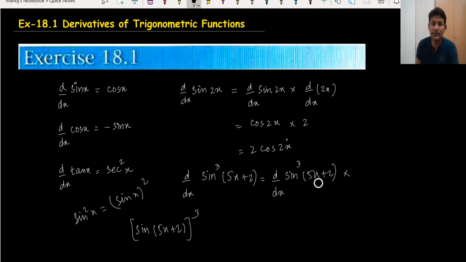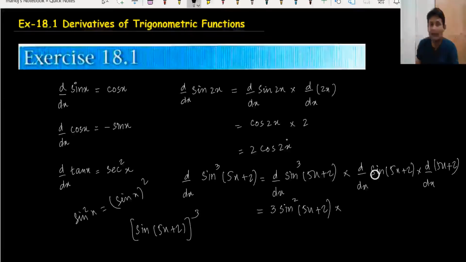This is the first step. Second step, without power, only sine without the cube. And third is with the angle only. So we have to apply the differentiation in three steps: with power, without power, and the angle. When you apply the differentiation with power, 3 will become the coefficient and the power is reduced by 1, so it is 2. Multiply by the differentiation of sine.